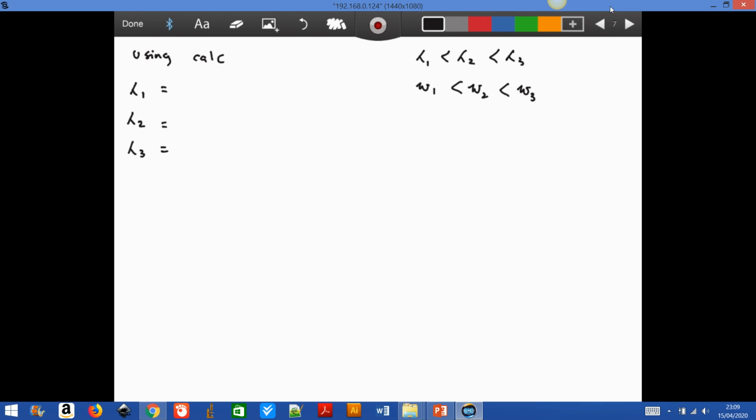Straight away rearrange it. From the calculator I'll get lambda 1 equals 0.1981, lambda 2 equals 1.555, and lambda 3 equals 3.247.